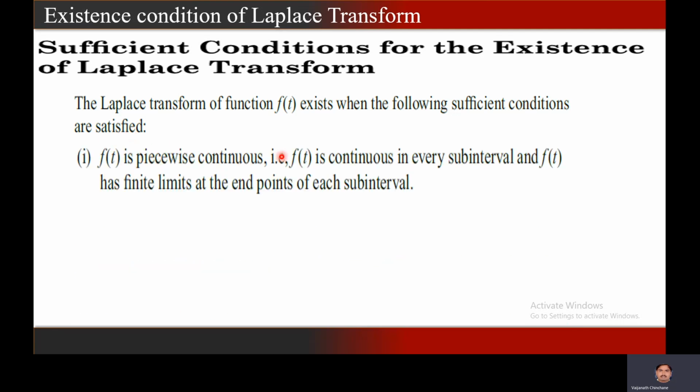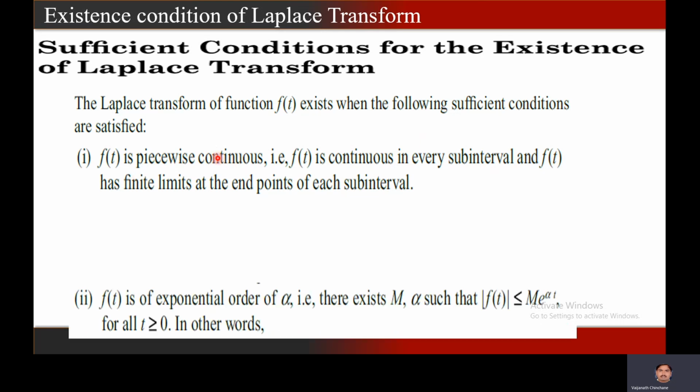F of t is a piecewise continuous function. And what is meant by f of t being a piecewise continuous function? That is, f of t is continuous in every sub-interval, and f of t has a finite limit at the end point of each sub-interval. Then that function is said to be piecewise continuous.